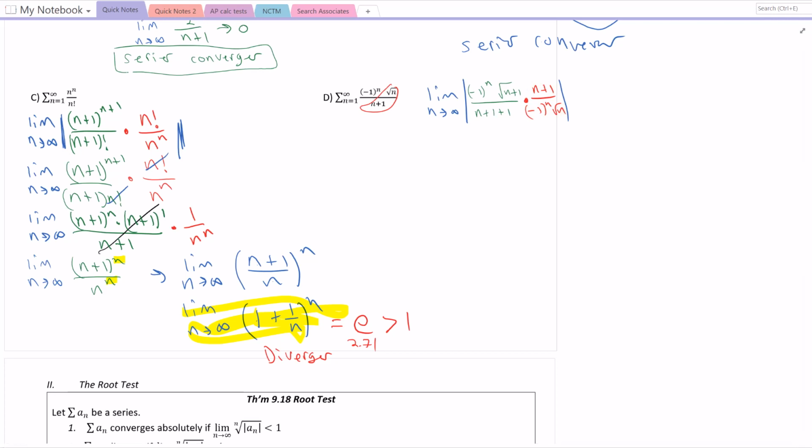And this is one of those cases where the absolute values actually help us out, right? All these -1 to the n powers do is either make it positive or negative. And so the absolute value is just going to take that away. It can't ever be negative. So we're going to be left with square root of n plus 1 over n plus 2 times n plus 1 over square root of n. And now we've got to evaluate this one.